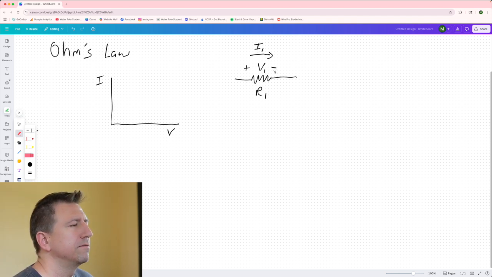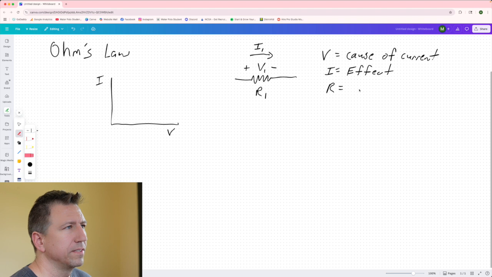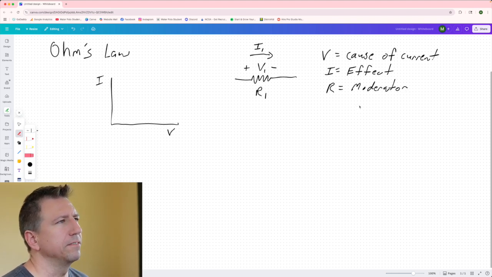The voltage is kind of the cause of the current, right? And then the current is the effect. And then the R here is sort of the qualifier. It's the thing that moderates the effect.